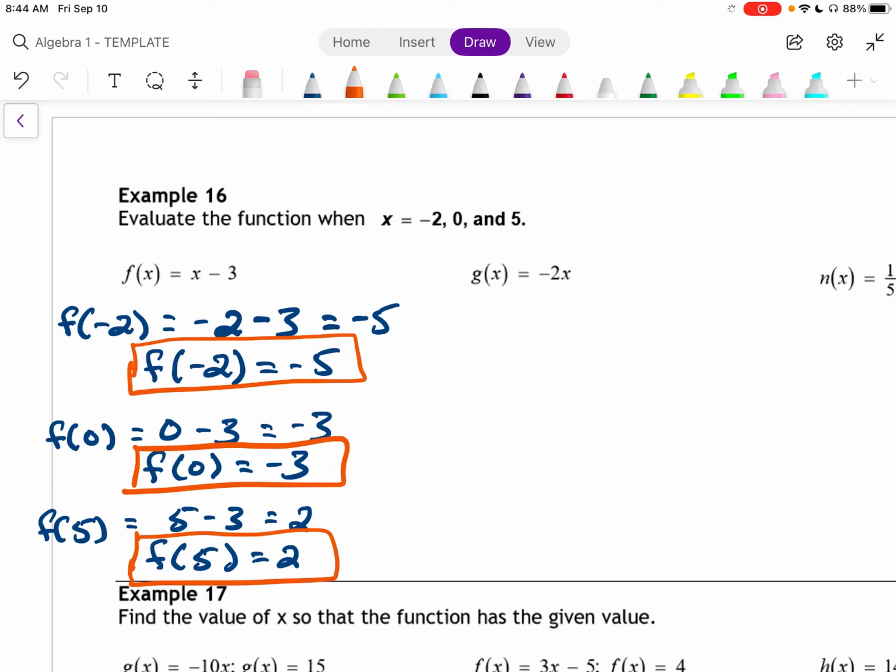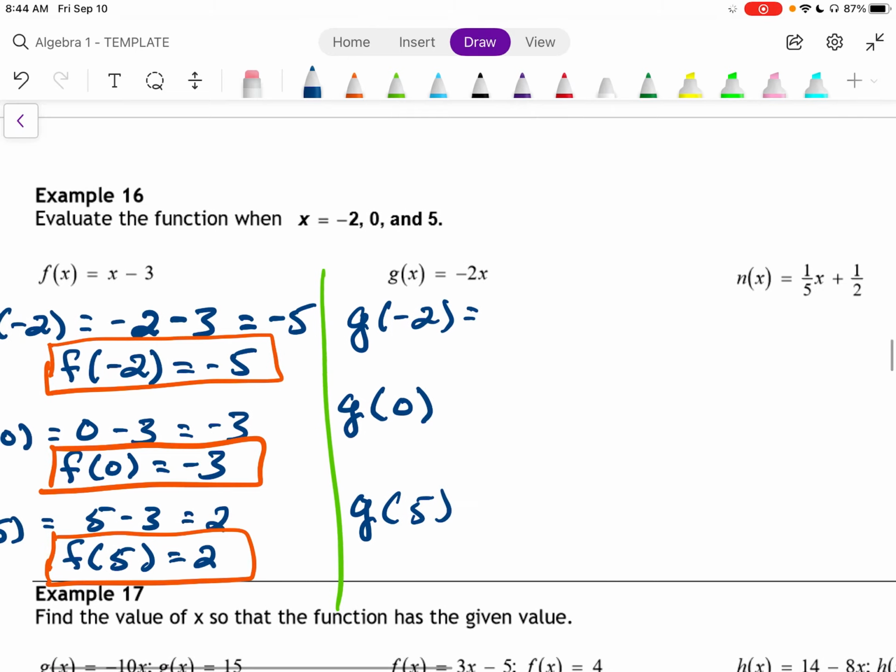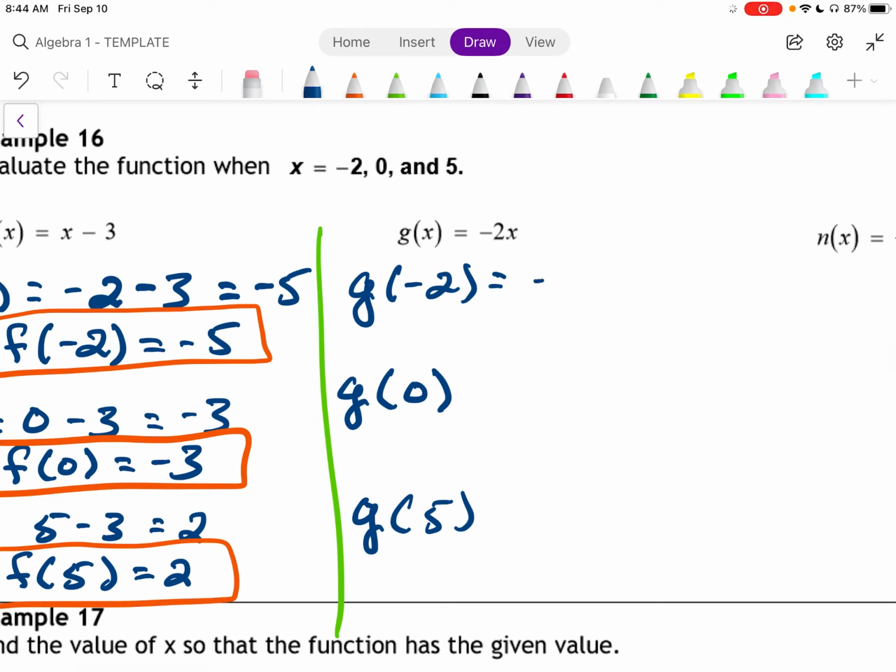Next up, I'll draw a little vertical line there. That way it separates them. We have g of negative 2, g of 0, and g of 5. For negative 2, I'm going to have negative 2 times negative 2, which is going to be positive 4. So g of negative 2 is 4.